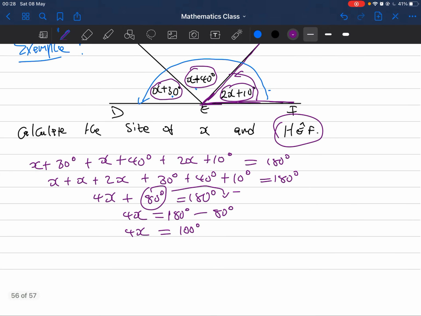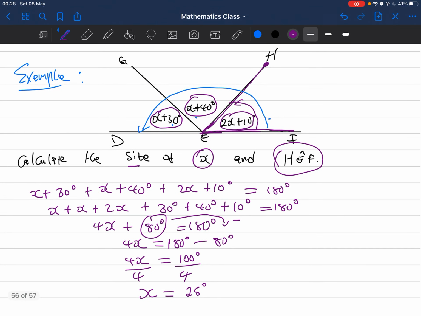Because we are solving for x, what you're going to do is divide by the coefficient of x on both sides, which is 4. On your left hand side, you end up with x. On your right hand side, you end up with 25 degrees. So x is equal to 25 degrees. Okay, that's the size of x.